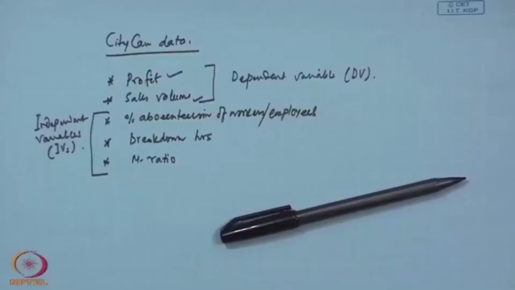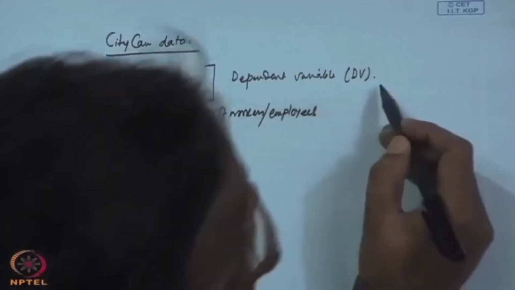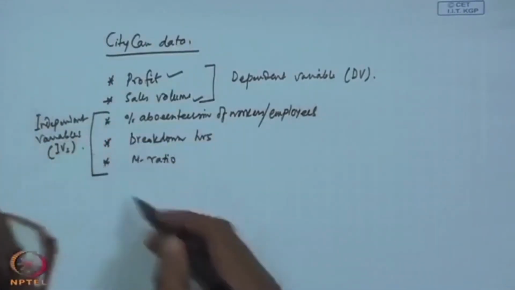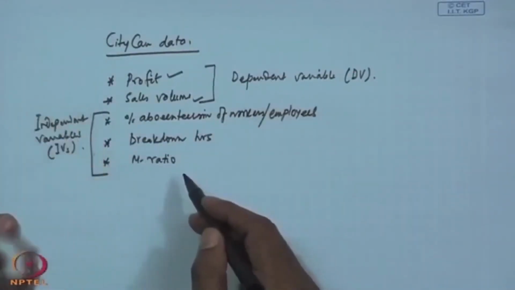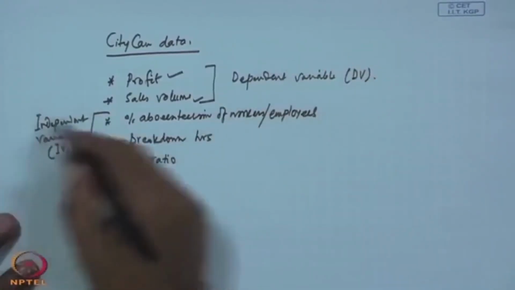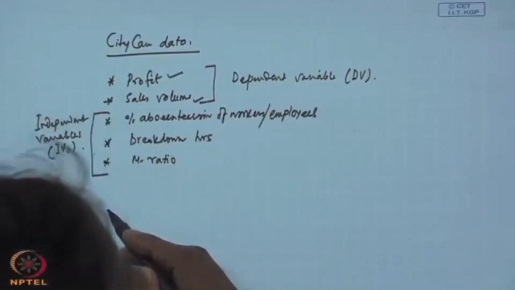If we can find out that yes, there is influence of the independent variables on the dependent variable, then depending on the influence measure, some actions can be taken to control the dependent variable by controlling the independent variables.